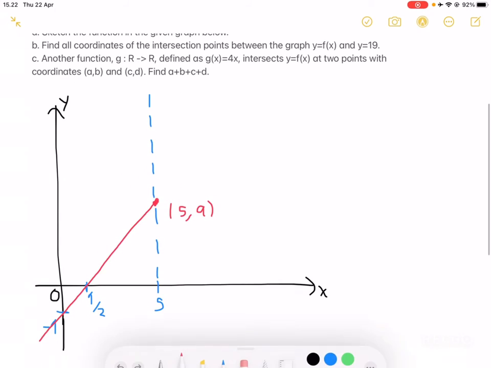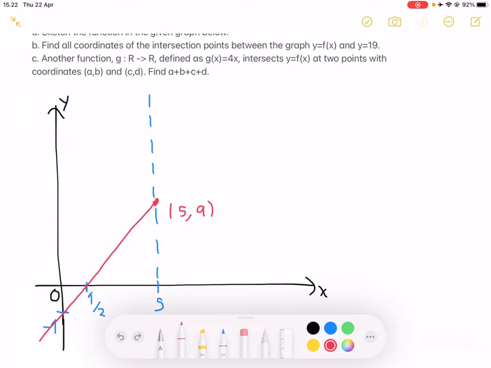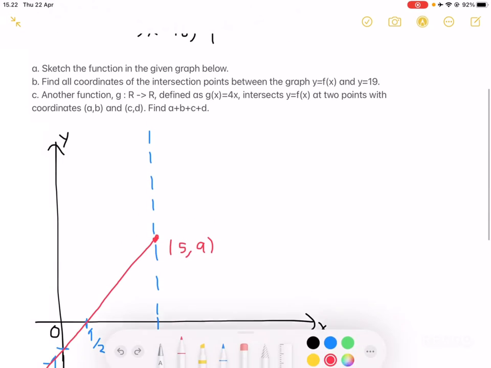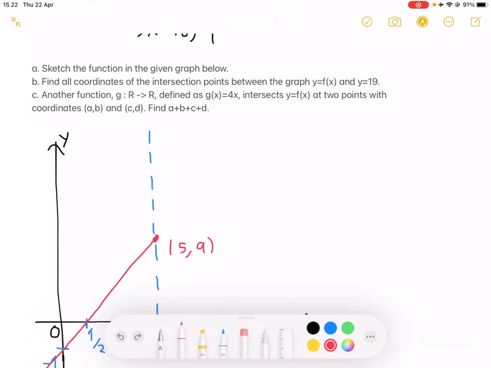So what that tells us is that f of x is actually continuous at x equals 5. So there's no jump right here. If you call a function continuous, it means it is smooth, like so. So there's no jump.